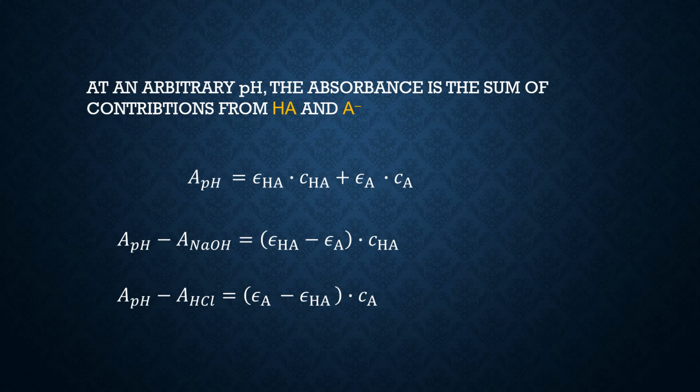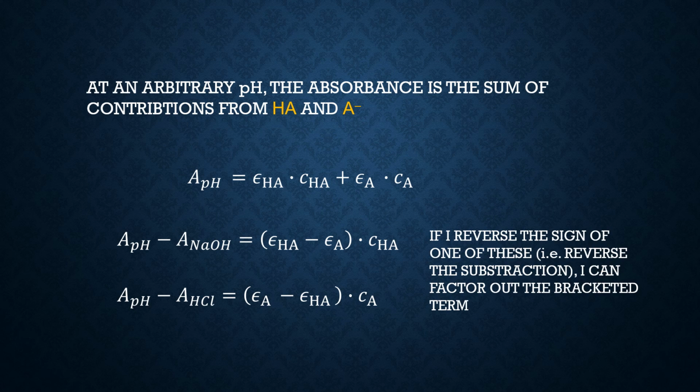Similarly, if I take the difference between the absorbance at pH and in the HCl solution, I get the differences in the extinction coefficients multiplied by the concentration of A. The bracketed terms are the negative of one another. And if I were to take the ratio of those, they would cancel, giving me a -1. However, if I reverse the order of the subtraction, it doesn't really matter which one I do, I can get the signs to match.